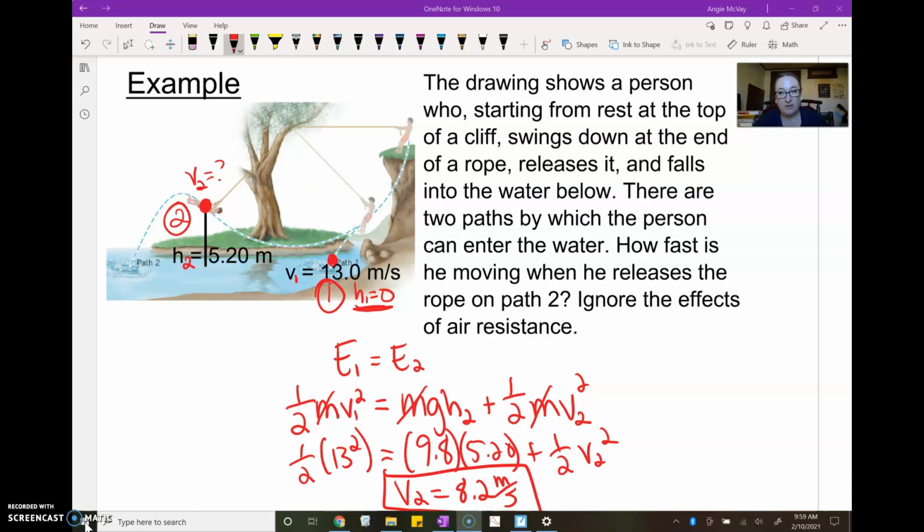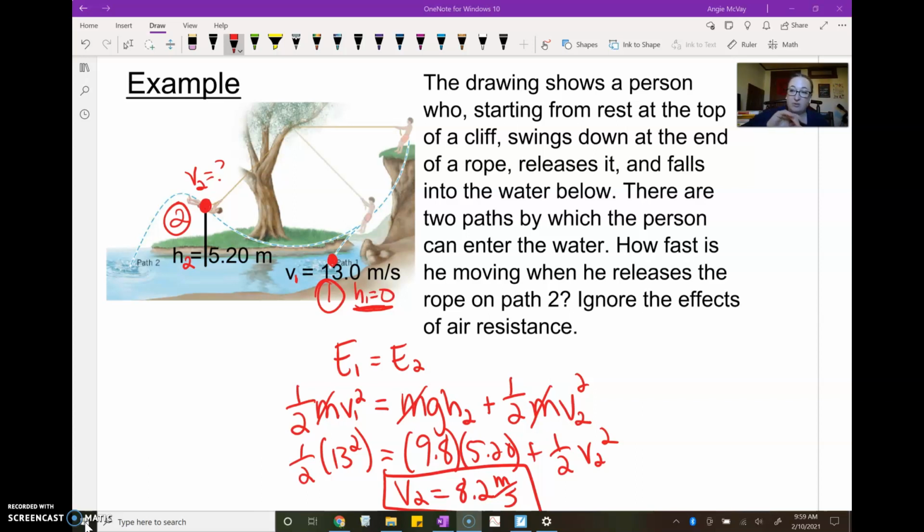Now it's worthwhile to stop and consider if the value that we calculated makes sense. We would expect the person to have a smaller speed at position 2 because they are up higher above the ground. Down at the bottom at position 1, the total energy was all kinetic energy.